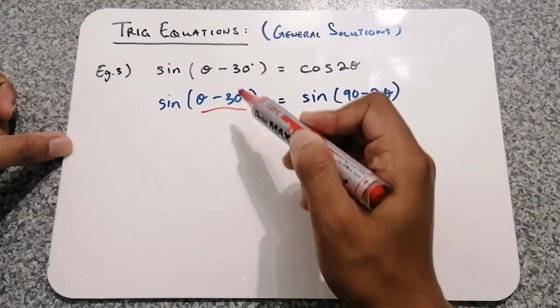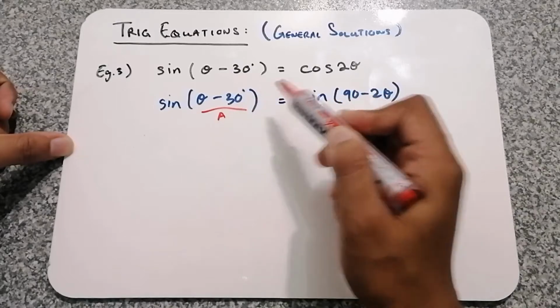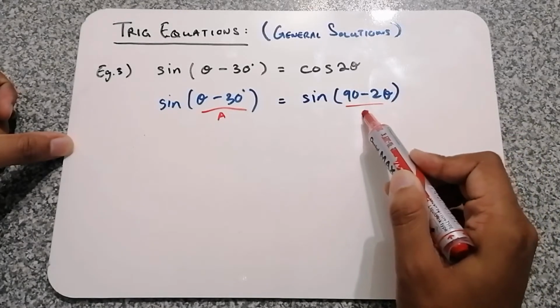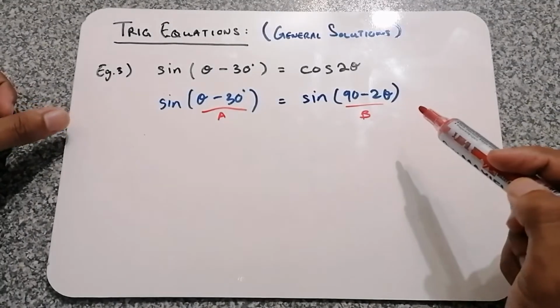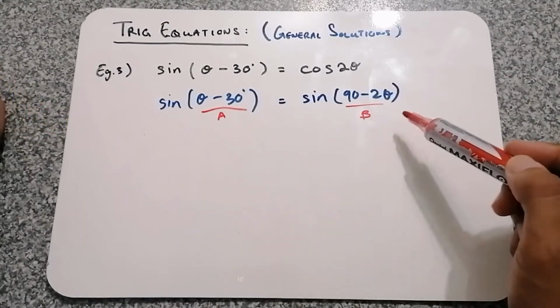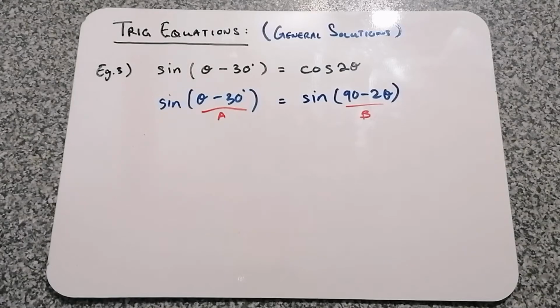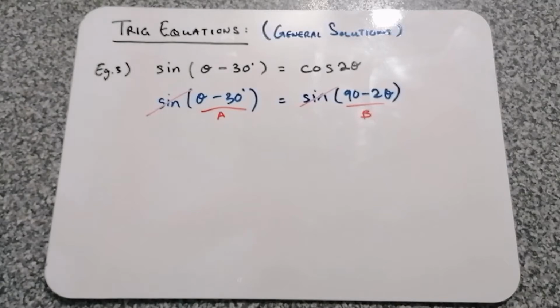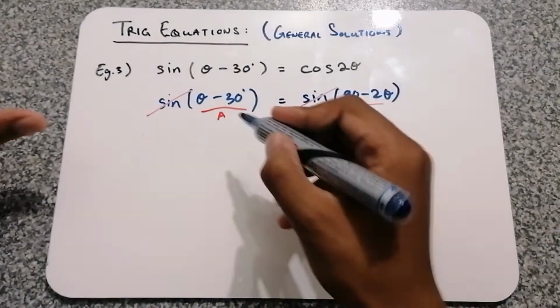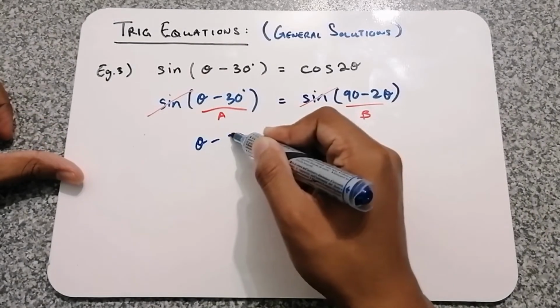So let's call this angle A, and then we're going to call this one angle B. So if sine of angle A is equal to sine of angle B, that must mean that A and B are equal to each other. So I'm going to say these sines then just cancel each other out, and these angles are equal to each other.